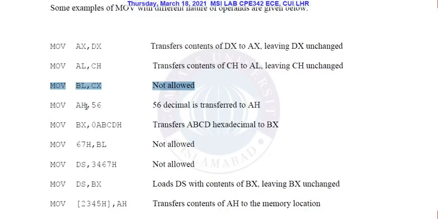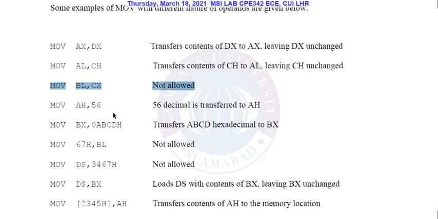The next command is MOV AH, 56. This statement will move the data 56 to the AH register, but here 56 is not representing any decimal, hexadecimal, binary or octal interpretation. So the compiler will assume 56 as a decimal value, and the hexadecimal converted value of 56 can be seen in the AH register.